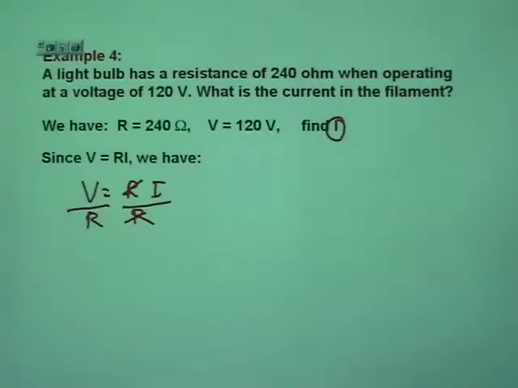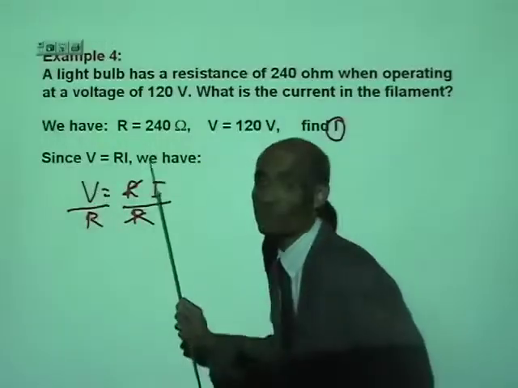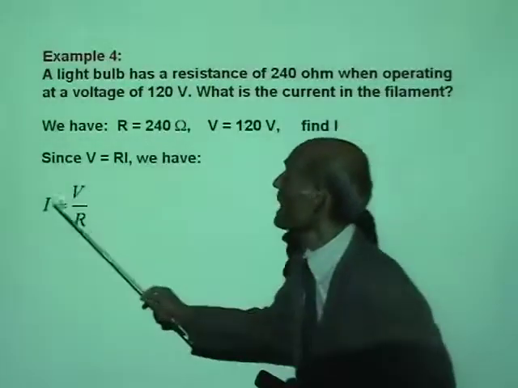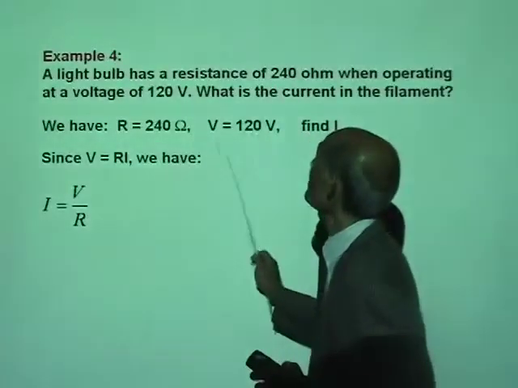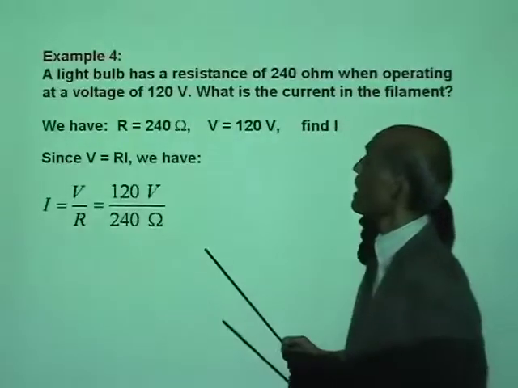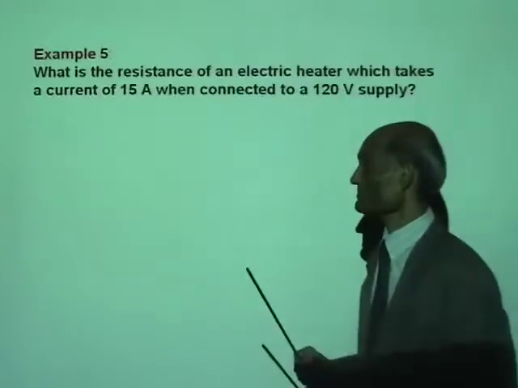You can see therefore I equal to V over R. Is that right? Yes. That gives me I equal to V over R. V I know is 120 volt, R is 240 ohm. So that is 0.5 ampere.